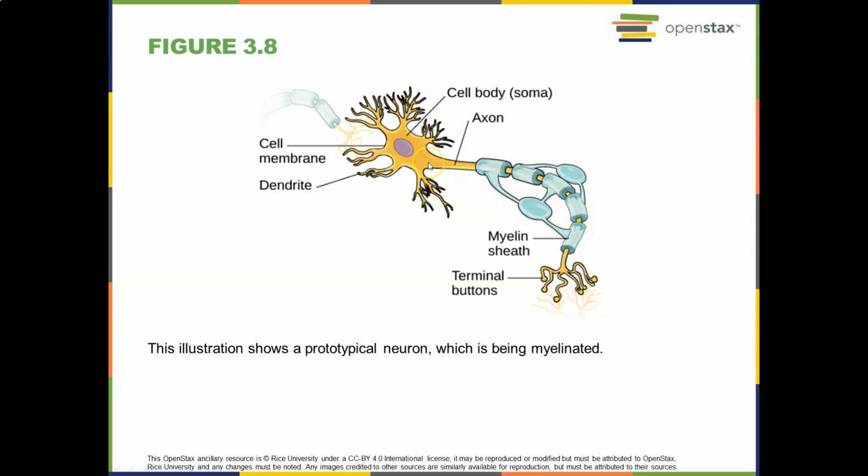So the more myelin is around an axon, the quicker the transmission of the electricity, the neural impulse, they call that the nerve impulse, and the quicker the communication.